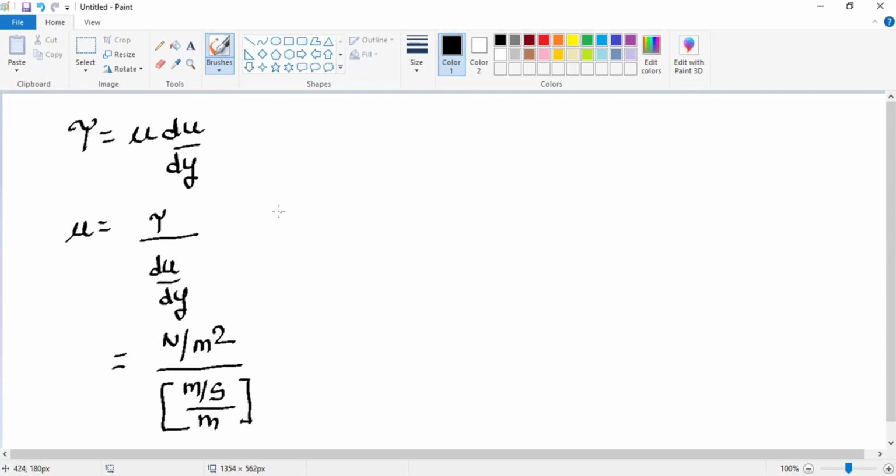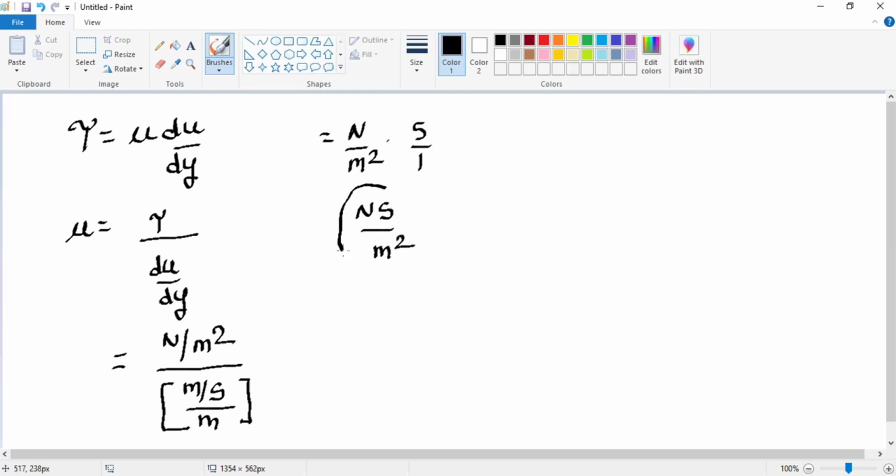From this, by simplification, we write Newton per meter square, and here meter gets cancelled; 1 by second becomes second by 1. So its units are Newton second per meter square.